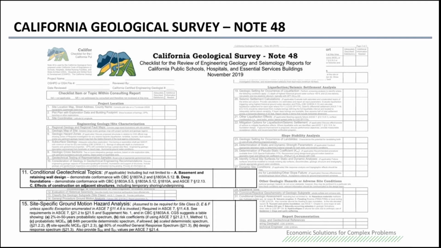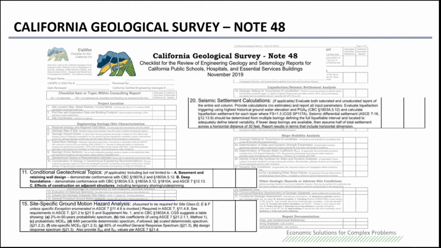Actually, that approach is the only approach now for site class F sites. Once you have liquefaction, you have a site class F site, you cannot use section 21.2 in the ASCE 7 for site-specific hazard analysis.